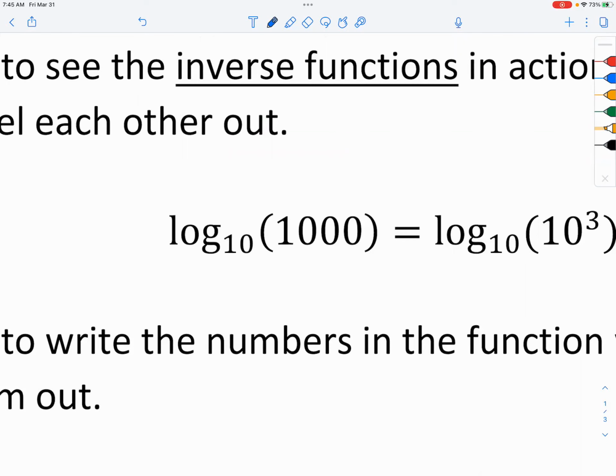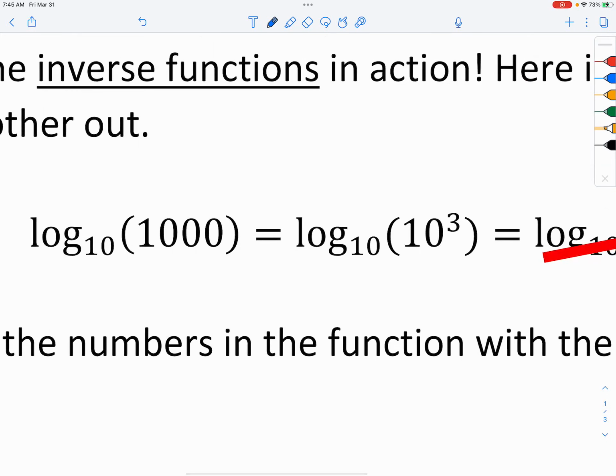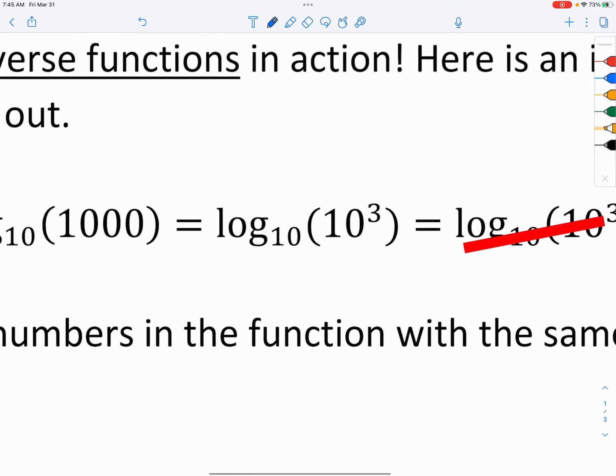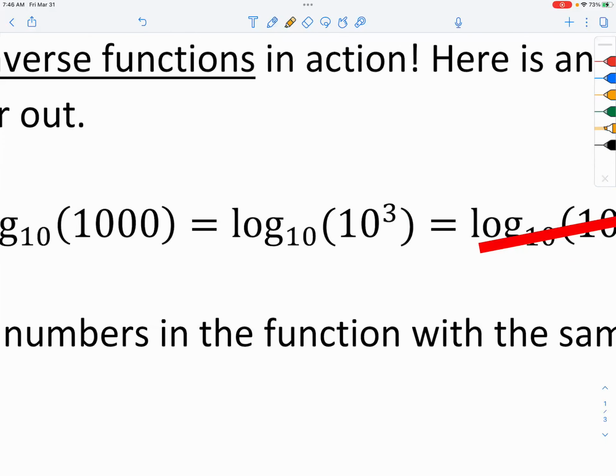And this is how you do it. You basically rewrite the number 1000 as 10 to the third power. And why? Because can you see the base of the log and the base of the exponential functions?